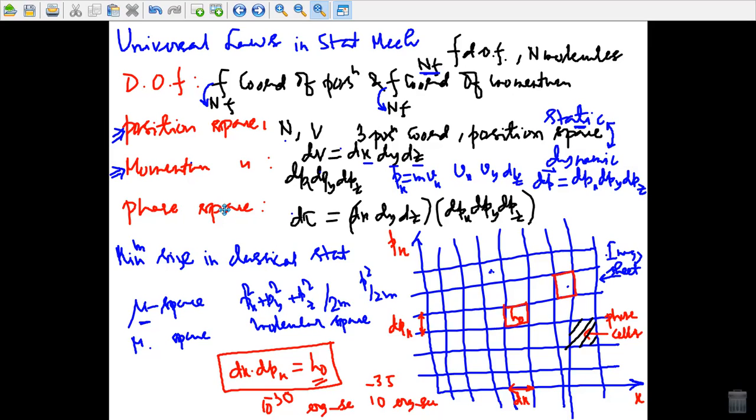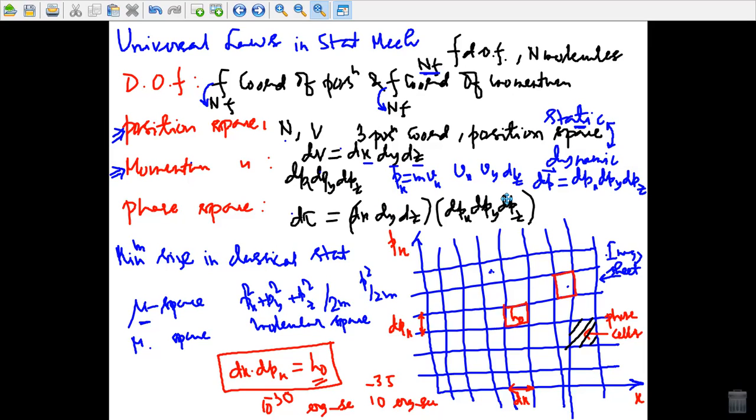The momentum space: if a system is dynamic, its particles move about with various velocities and hence possess momenta. Complete specification of such a system cannot be described in terms of position coordinates only. For a dynamic system, we must specify the three components of momentum with the help of three velocity components Vx, Vy, Vz, in addition to the three position coordinates x, y, z. If m is the mass of the particle moving with a velocity v, its momentum p is simply m times v, and the three components of momentum are px equals mvx, py equals mvy, and pz equals mvz.